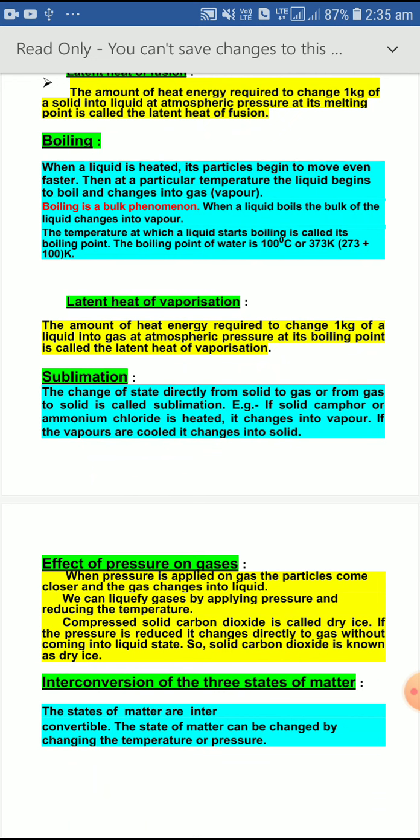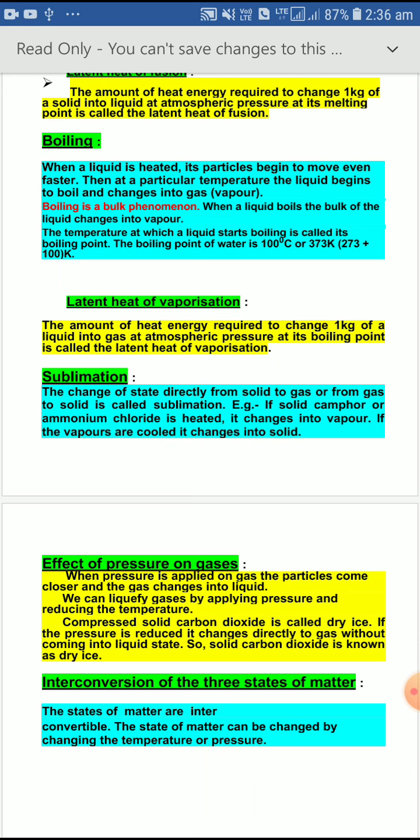Interconversion of three states we have already studied: from solid to liquid and from liquid to gas, sometimes from solid to gas directly, gas to solid directly, gas to liquid, liquid to solid. In your chapter you have to learn the name of each change.